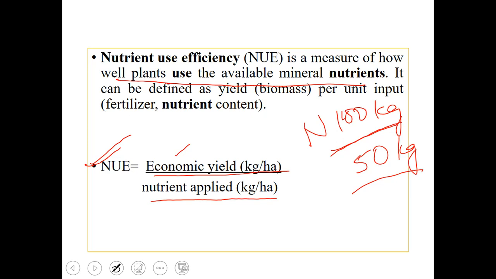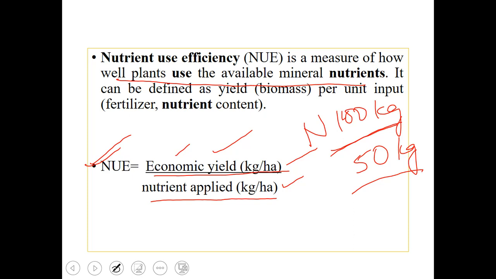If you take fodder crops like guinea grass or sorghum, which is jowar, fed to animals, the entire plant is the economic yield. So nutrient use efficiency is economic yield in kg per hectare divided by nutrient applied. It can be calculated for any nutrient: nitrogen, phosphorus, potassium, or any micronutrient.